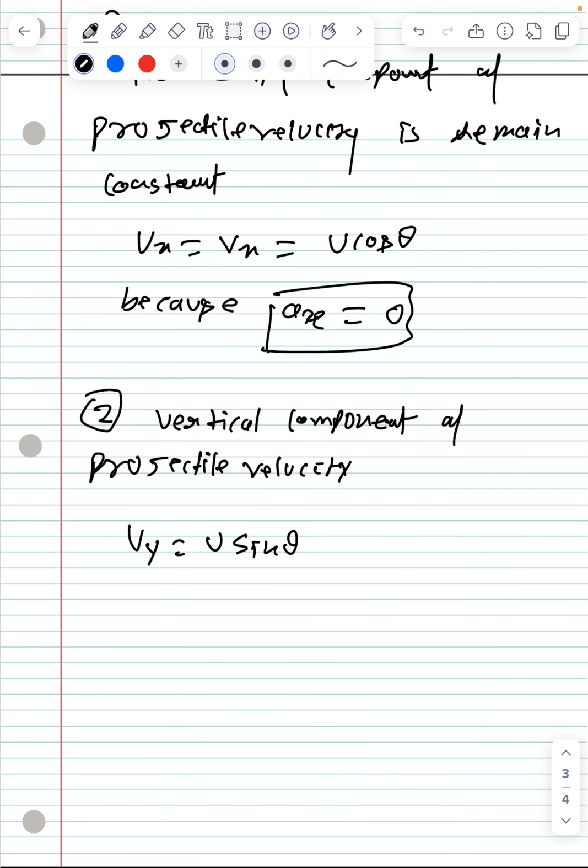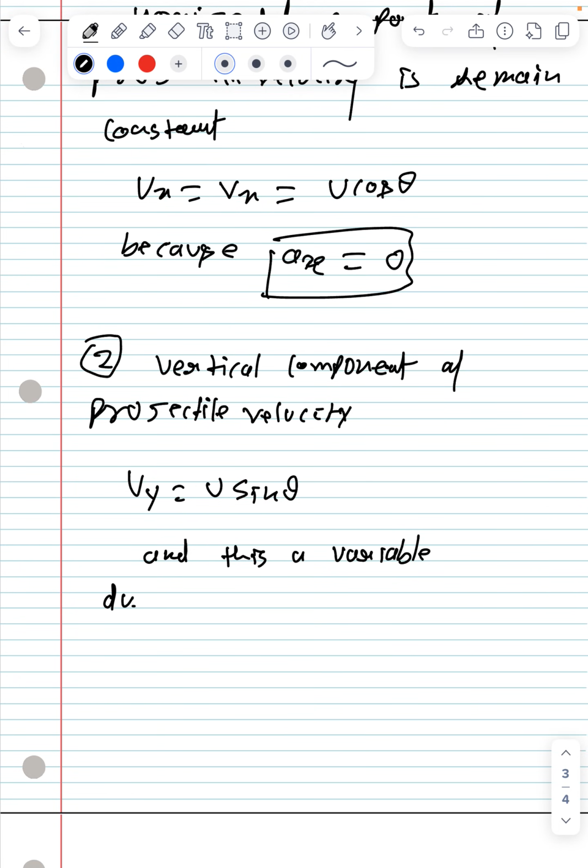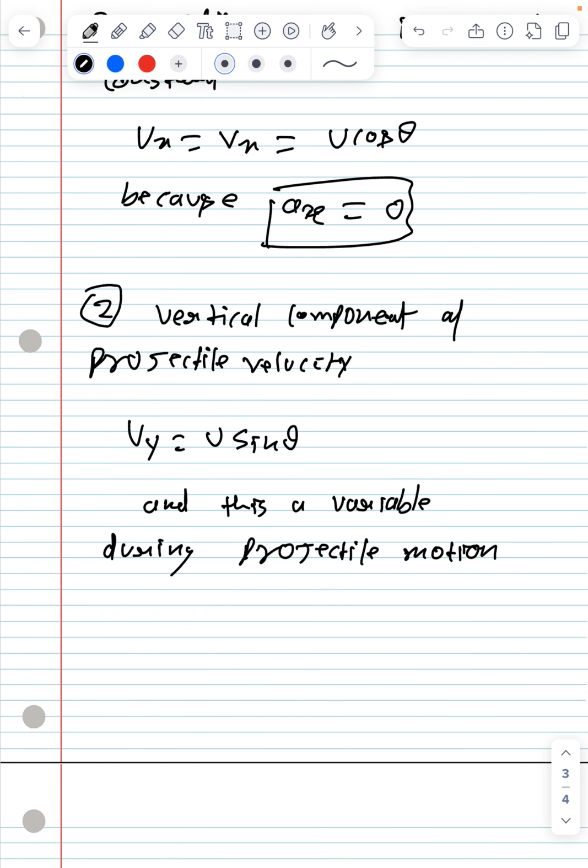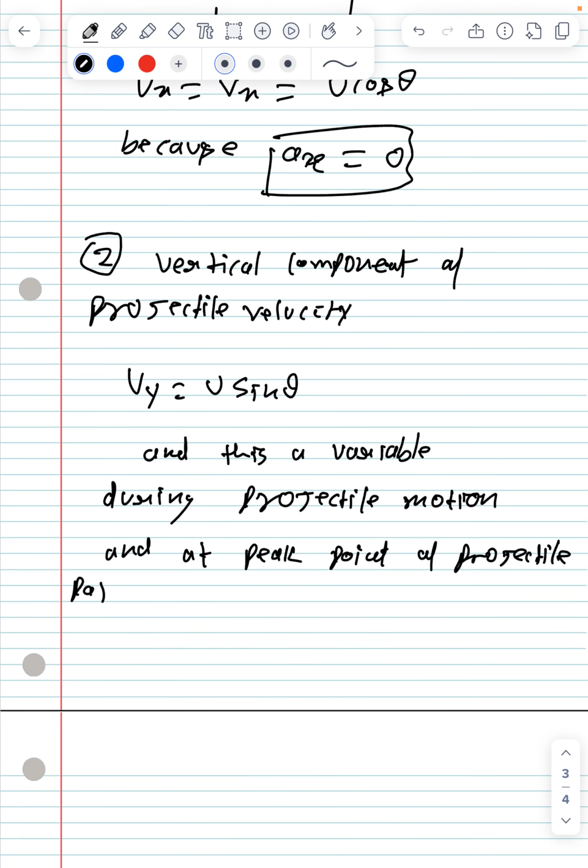And the second point: the vertical component of projectile velocity u y equal to u sin theta, and this is variable during projectile motion.